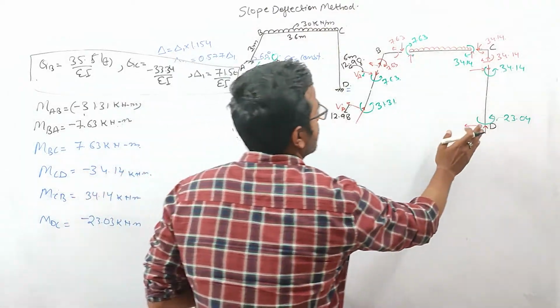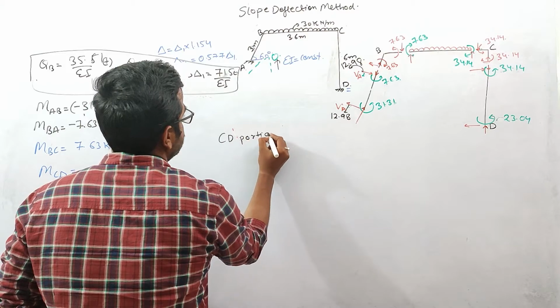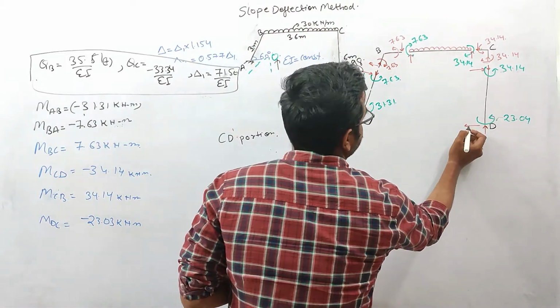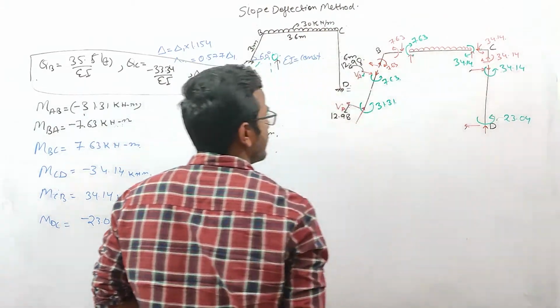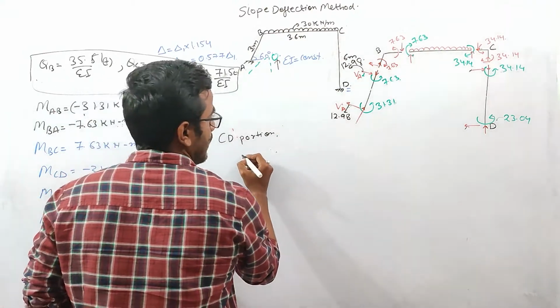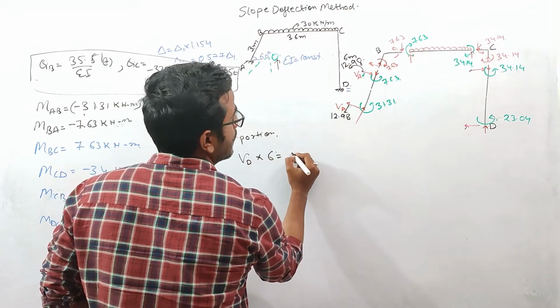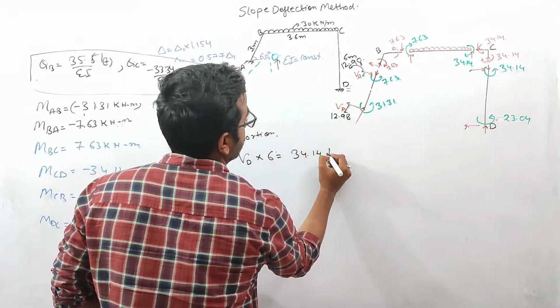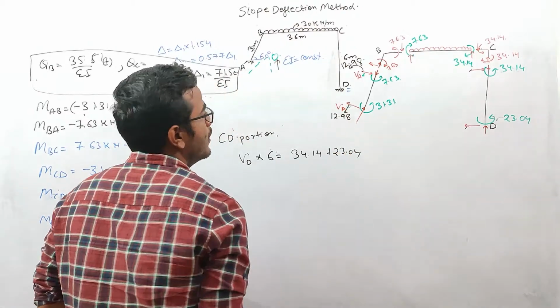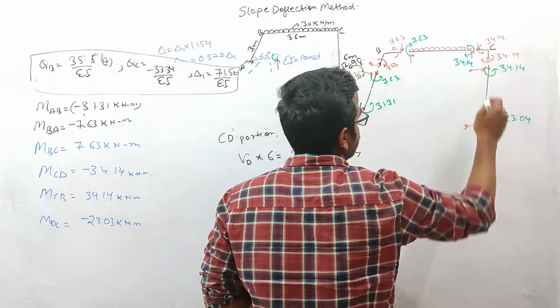Now let us come to this portion CD. For the CD portion, we need to calculate these two forces. Again, these two forces will be equal. Let us denote it as VD. So VD into 6 will be equal to 34.14 plus 23.04. The moment due to the axial forces will be 0, because they are passing through the axis only.